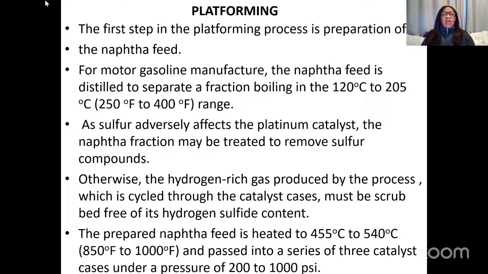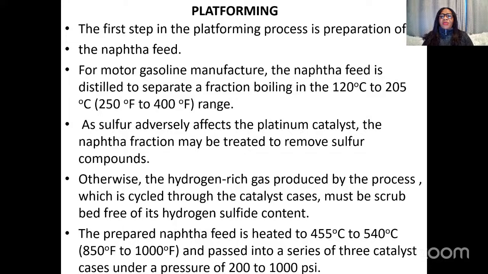So now platforming, the second one, that is catalytic reforming, just like the ring forming. The first step in the platforming process is the preparation of the naphtha feed. First thing is to distill the feed, separate it into different fractions.